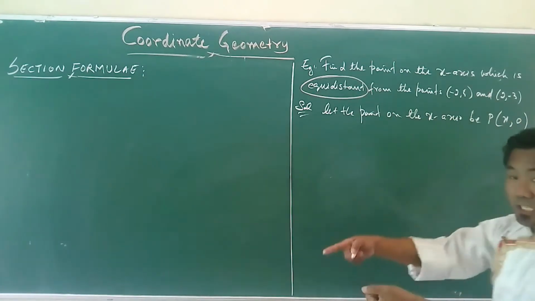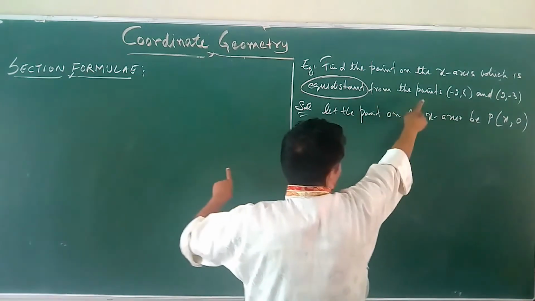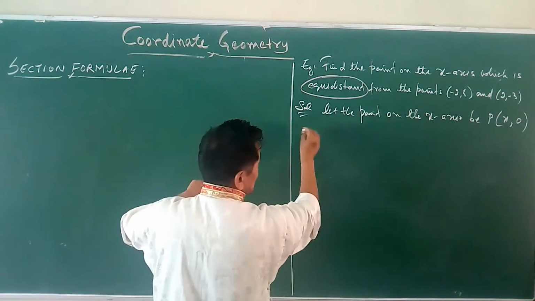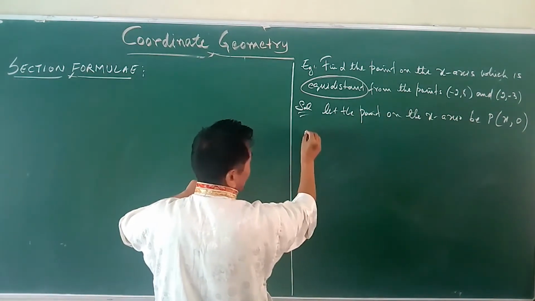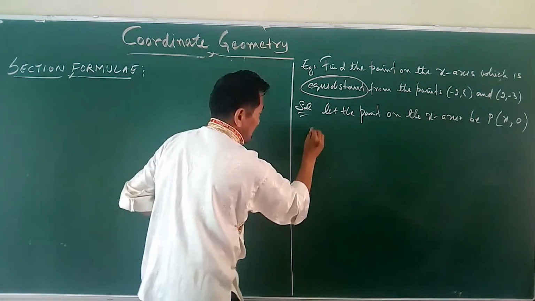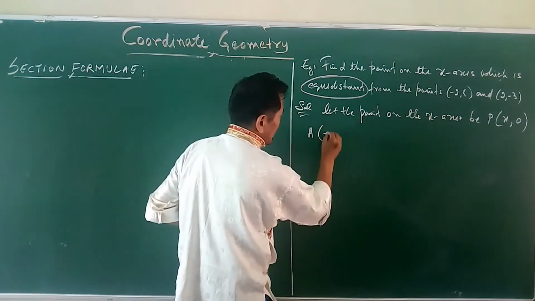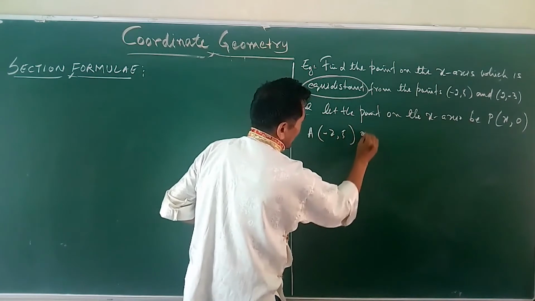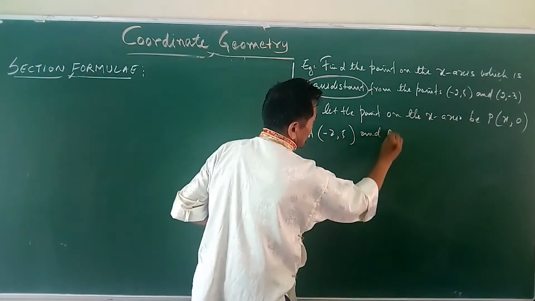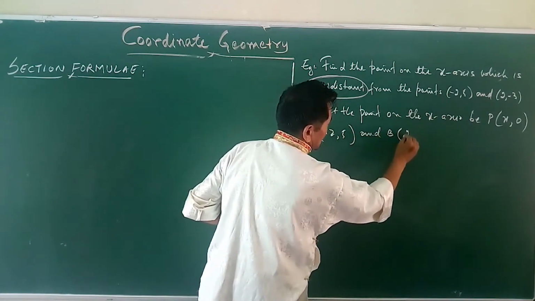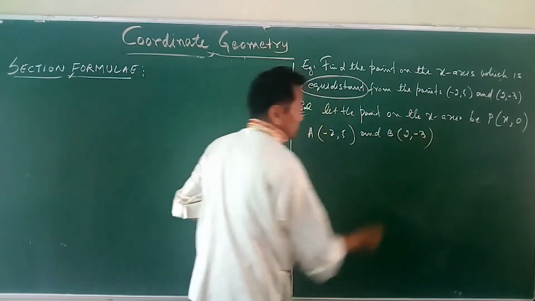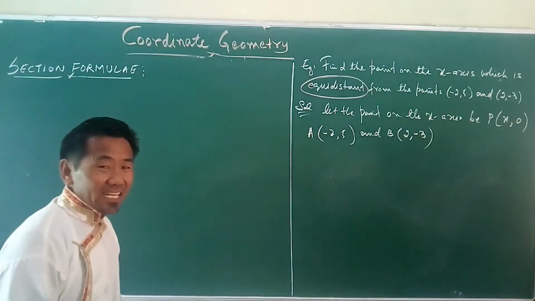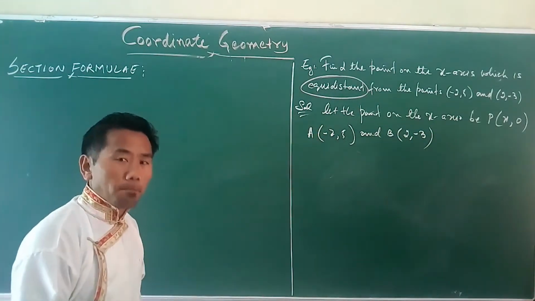Now which is equidistant from the other two? Let's say one of the other points is A, which is (-2, 5), and the other point is B, which is (2, -3). And both of these are equidistant from point P.